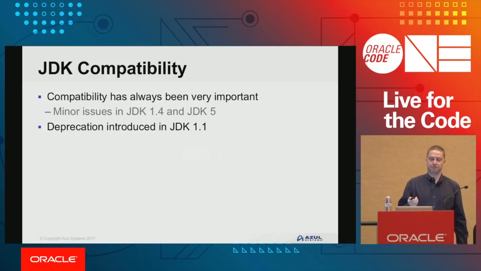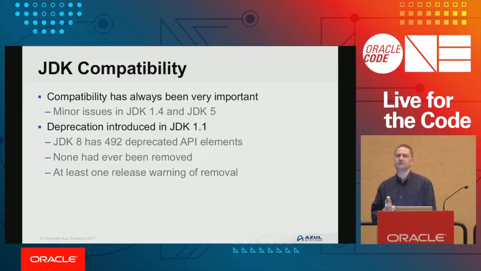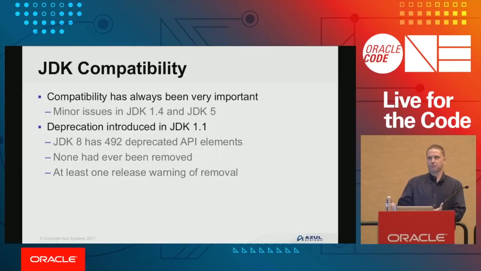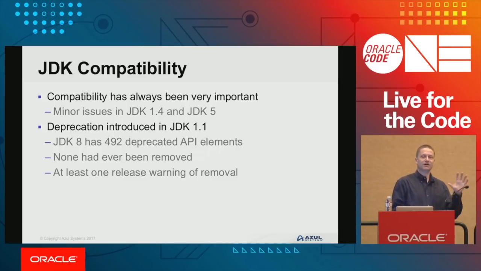So we've got deprecation. And the reality with deprecation is that as of JDK 8, I counted them up, and there are 492 deprecated elements. So that's methods, classes, interfaces, and so on. In JDK 8, none had ever been removed. So we've been deprecating things all the way through the history of Java, but never actually removing any of them.